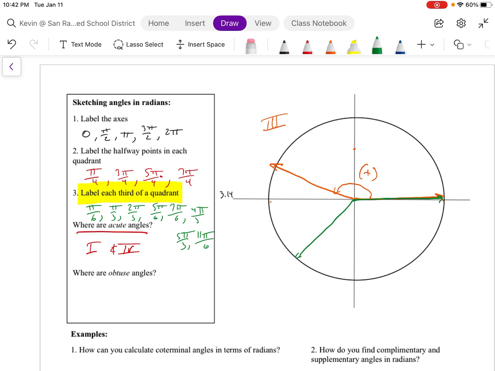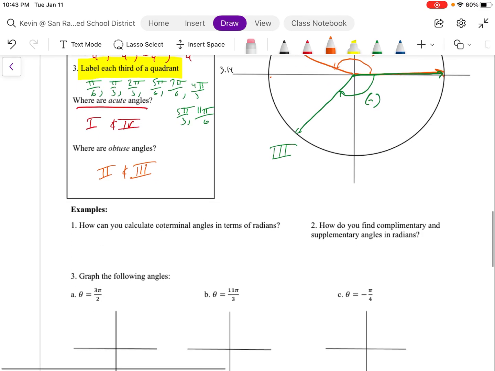It looks something like this. That's our negative obtuse angle, and that's in the third quadrant. Okay, so second and third. So where are the obtuse angles? In the second and third quadrants.